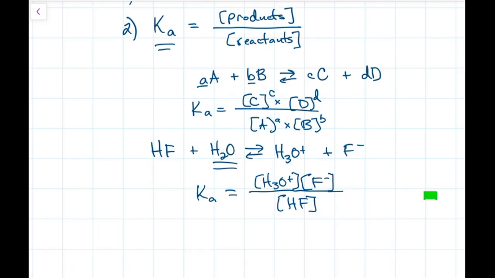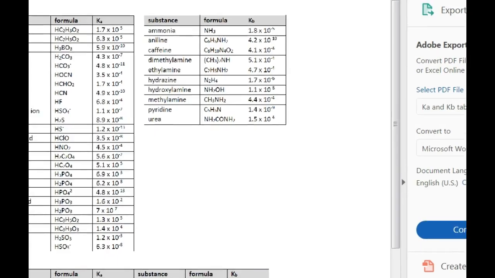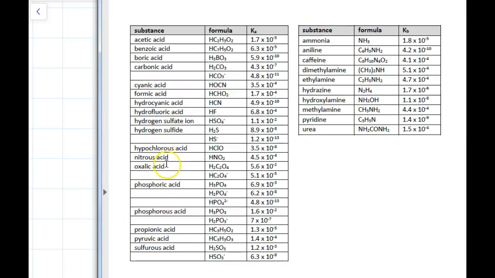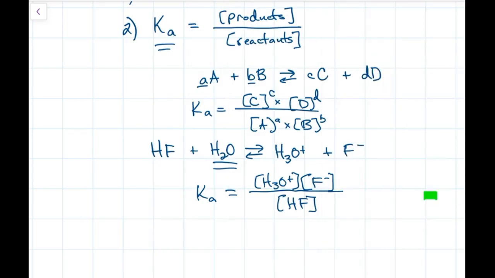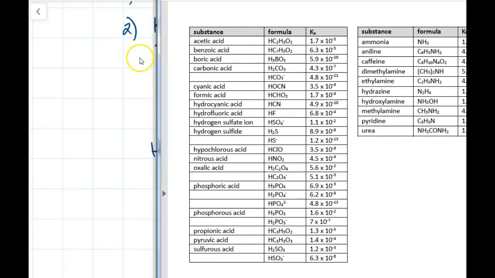If you look at what these values look like, I'll give you a table like this in class, but here you can see they're very small numbers. When you actually look at what Ka equals, and it is a constant, okay? So for hydrofluoric acid, when you do the math for this, Ka gives you a very small number. So there's HF right here. It's 6.8 times 10 to the negative 4.